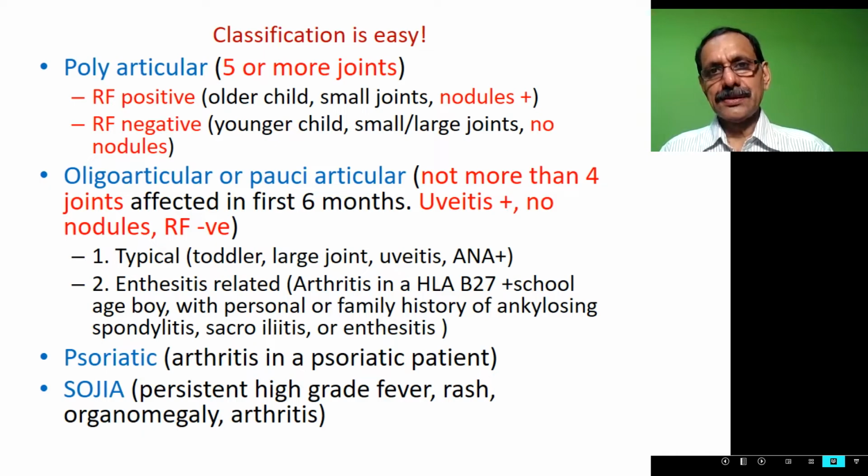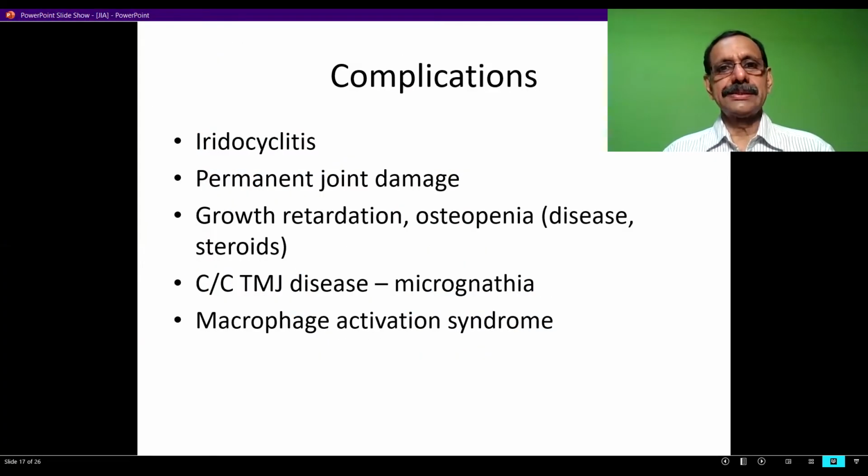Lastly, systemic onset juvenile idiopathic arthritis, which is a fever predominant arthritis. And the fever goes on for weeks. And it can have organ involvement. Lymphadenopathy, hepatomegaly, splenomegaly, etc.